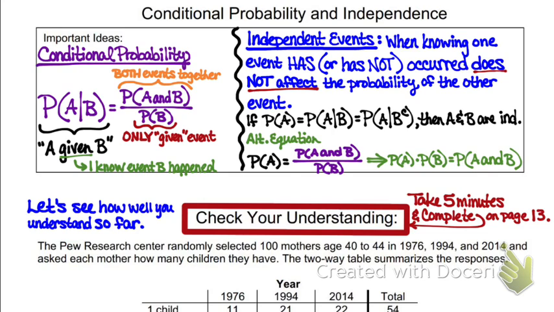So I took this and I substituted it in the place of this one. And then I can multiply both sides by the probability of B. It's just some algebraic manipulation. If you remember this piece right here, this is the big, most important part. Down here is just algebraic manipulation with this.